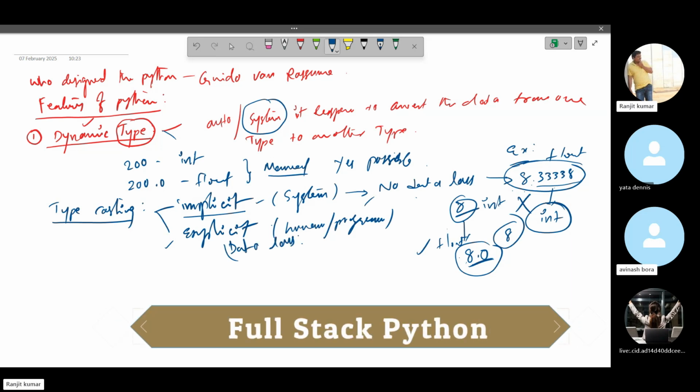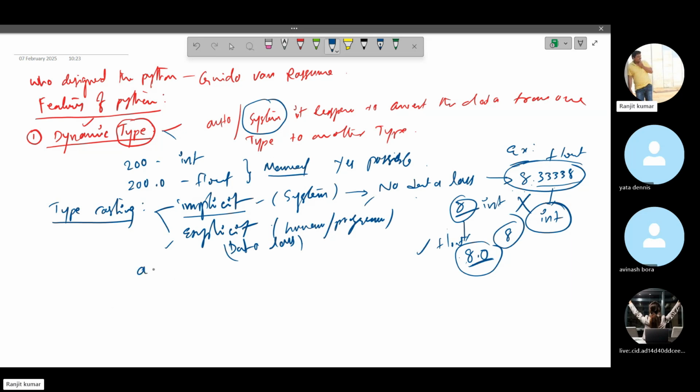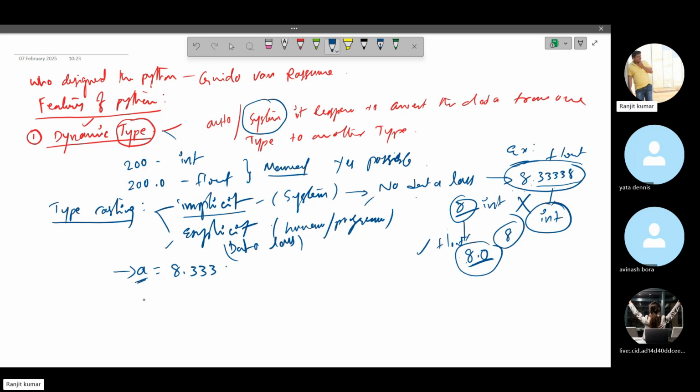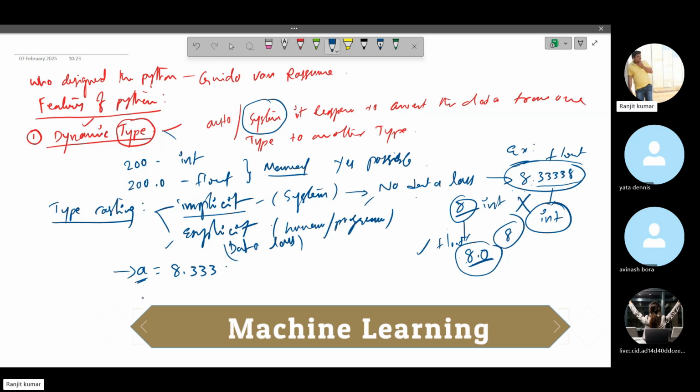So how can we convert? Let me explain. For example, I specify A as 8.33333. This is my data. I want to convert A into integer type explicitly, not implicitly. The system never converts it into an integer by itself. It will remain the same. Why? Because it doesn't want to waste time.